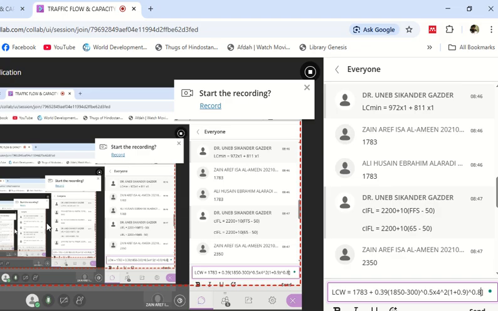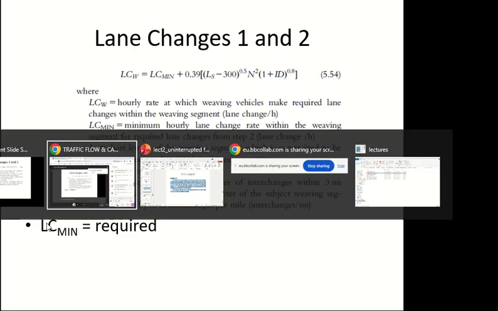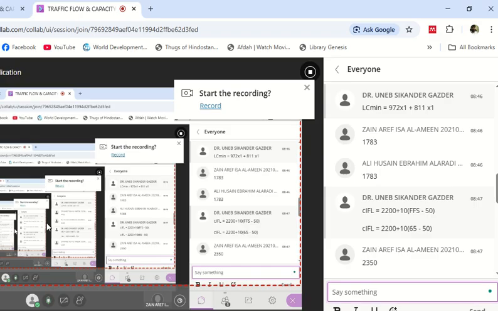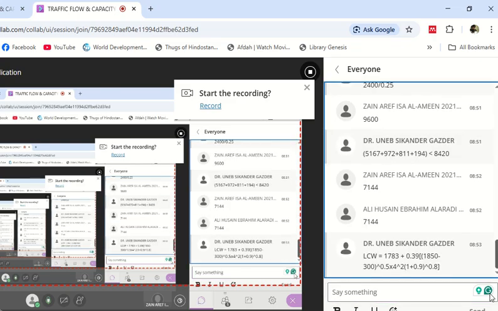Okay, 0.39 is multiplied by all of it. So how much is that?